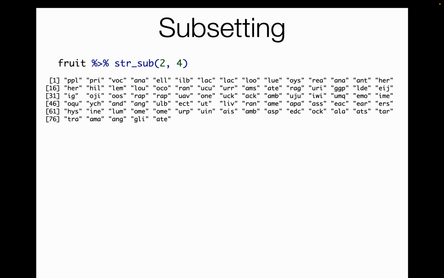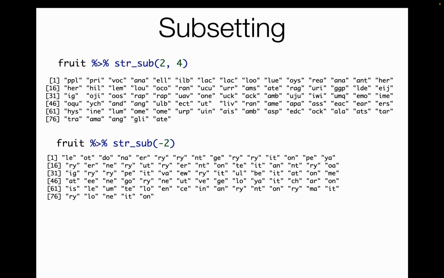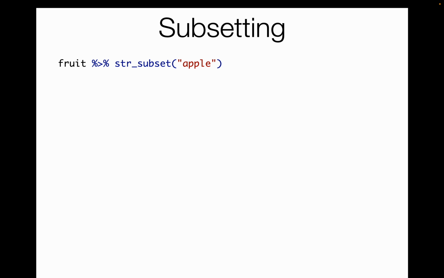For str_sub, you can give it 2 separate numbers, so 2 arguments, or you could give it a -2, and it's going to give you the last 2. So for apple, it took away APP and just left LE. So -2 gives you the last 2.